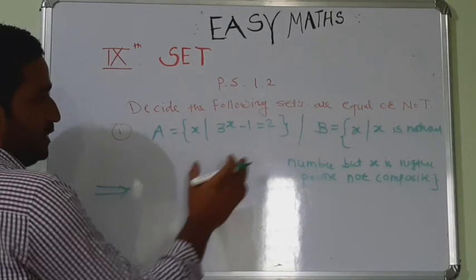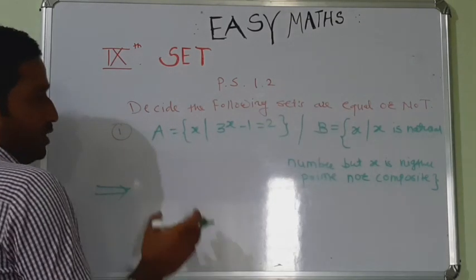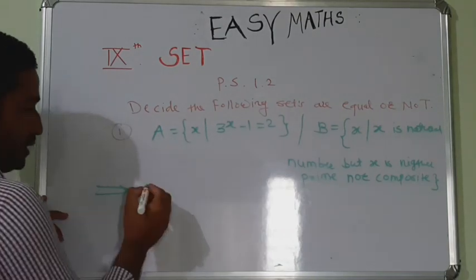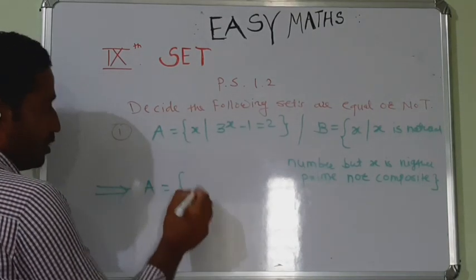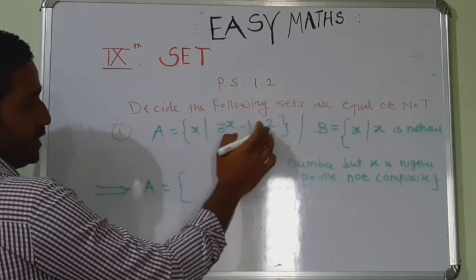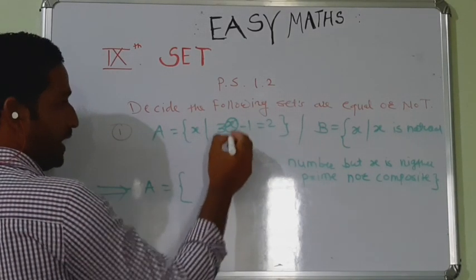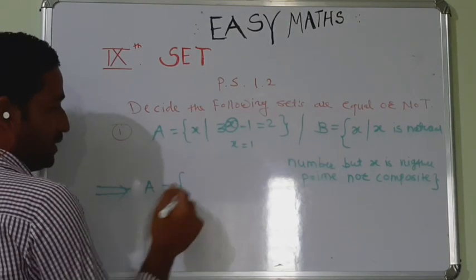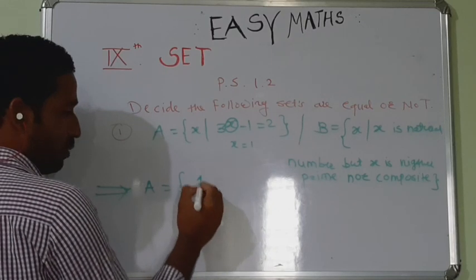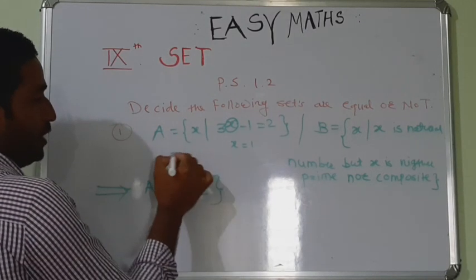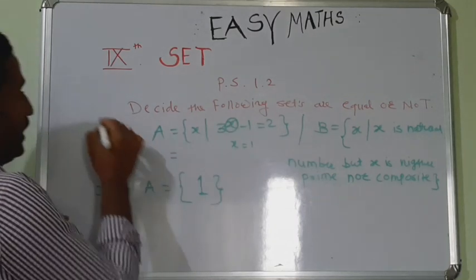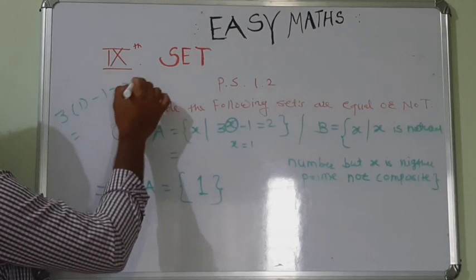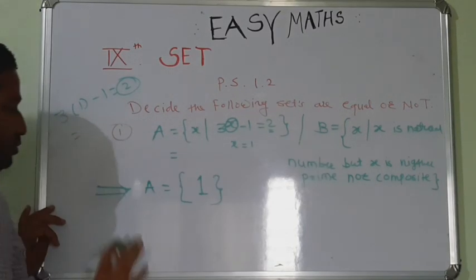While deciding whether these two sets are equal or not, we can write them in listing method. A equal to {x such that 3x minus 1 equal to 2}. Here we take x equal to 1. Then the element of the set is 1, because when we take x equal to 1, 3 into 1 minus 1 gives 2. Got it?